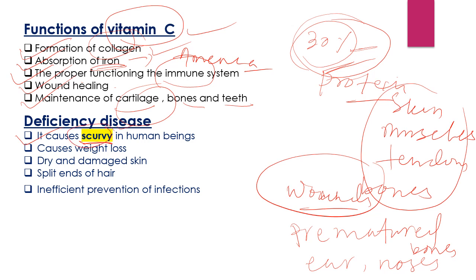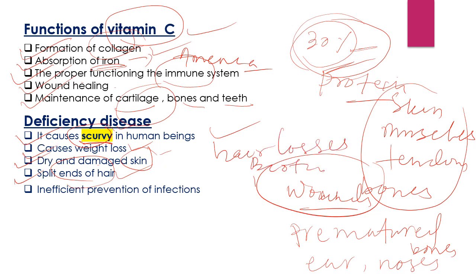Scurvy is caused due to the deficiency of vitamin C in human beings. It also causes weight loss. It is responsible for dry and damaged skin. Number fourth, split ends of hair. Because of vitamin C deficiency, hair loss also takes place. Hair loss takes place because of biotin, vitamin B7, and because of C also.